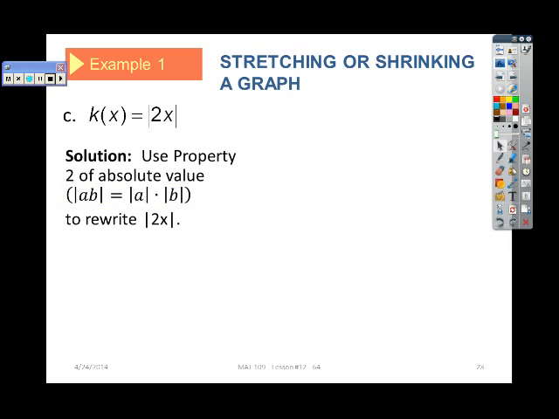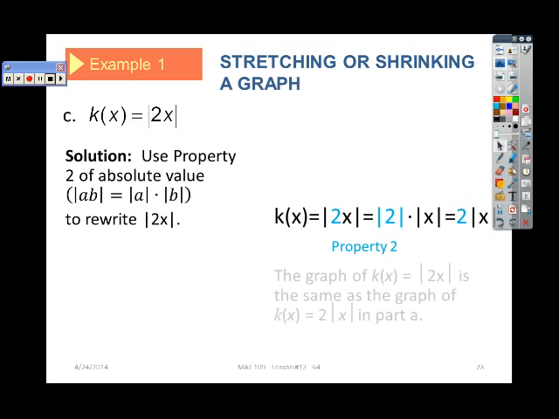In other words, the absolute value of A times B equals the absolute value of A times the absolute value of B. So this is a product. So we can split that into the absolute value of 2 times the absolute value of X, but the absolute value of 2 is just 2. Doesn't change anything to remove the absolute value. So now what we have is the absolute value of 2x is just a stretching, because that's exactly the same thing we looked at on the previous slide.